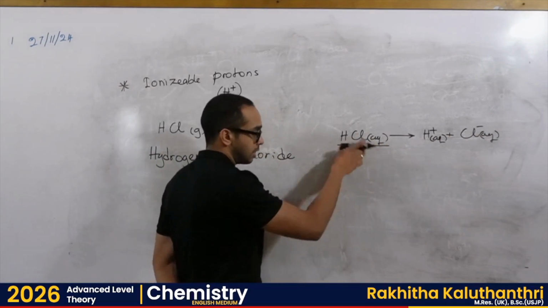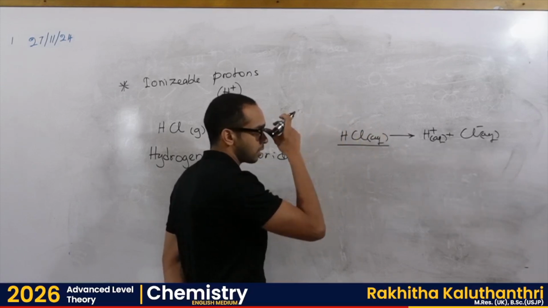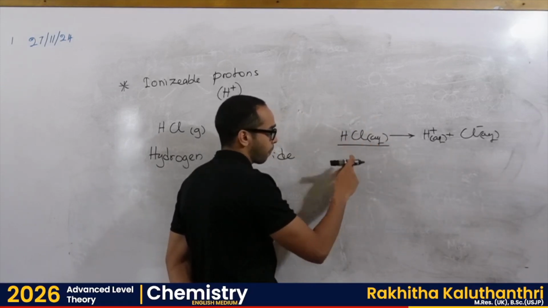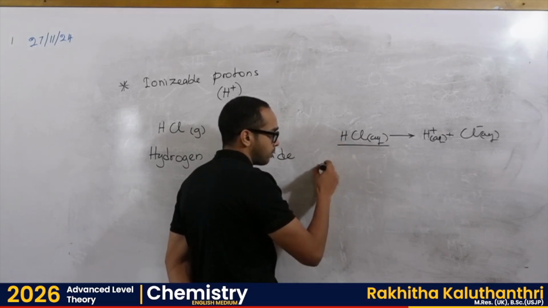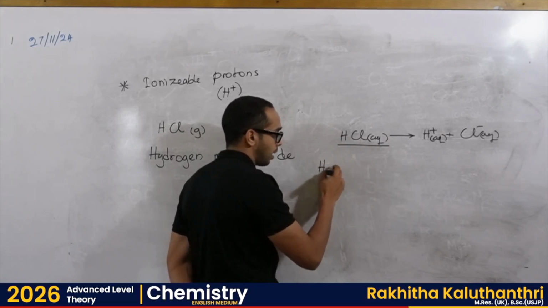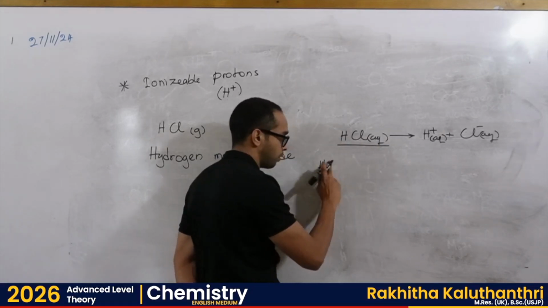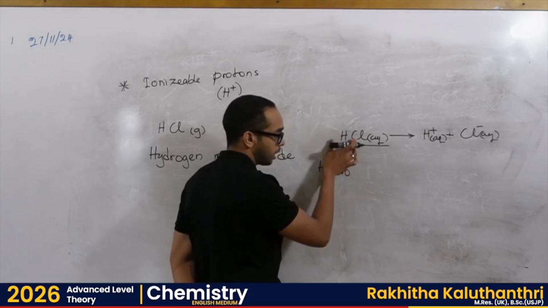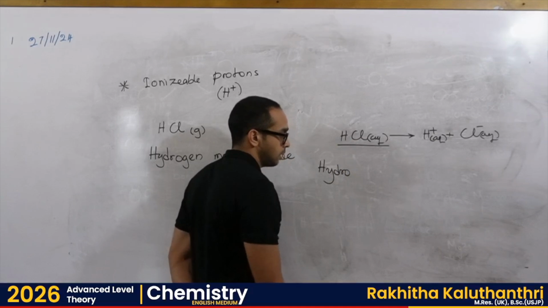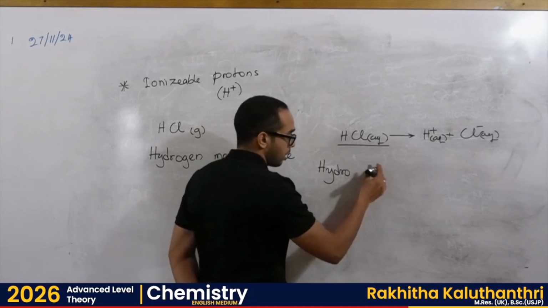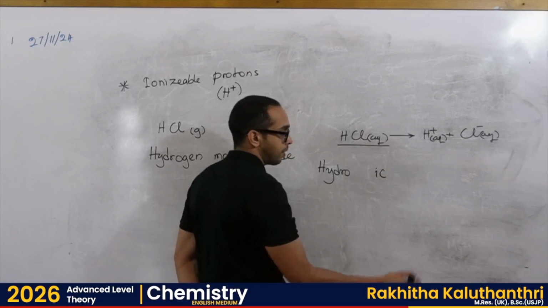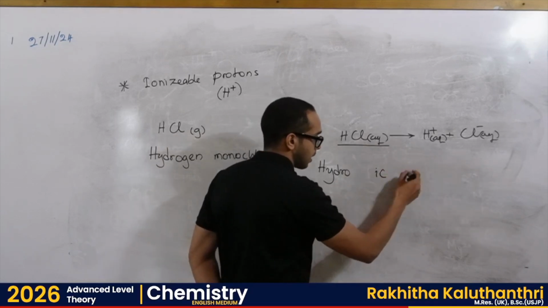This is acting as an acid in aqueous medium only, not in the gaseous state. So when you are naming it, the name should start with hydro, according to what we just read. You should start with hydro to indicate the ionizable hydrogen that is present here, and then the name should end with IC, and the final part of the name is acid.